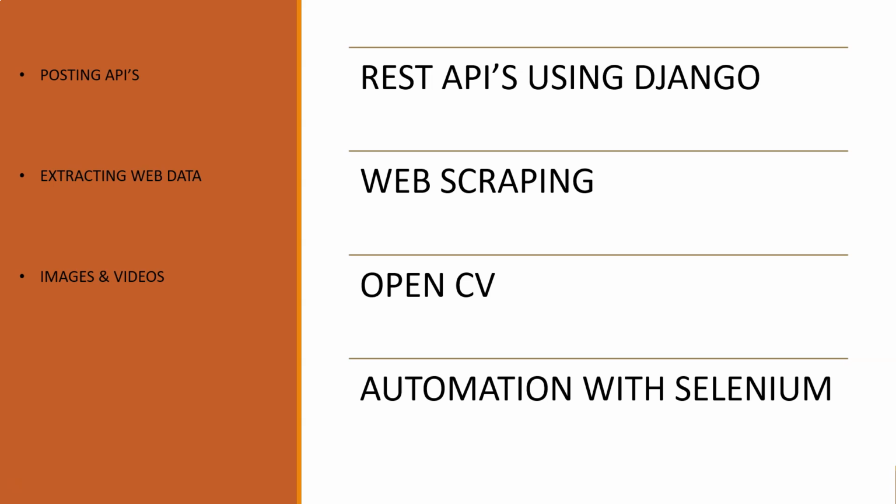Also, we'll see how to access the webcam with the OpenCV library. And the next is automation with Selenium, where we'll see how to automate any kind of website with Python.